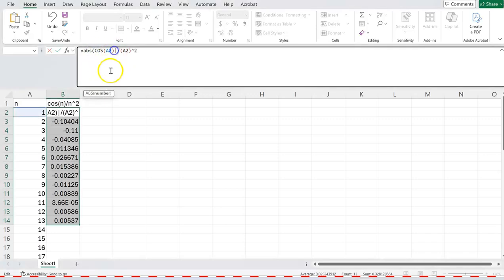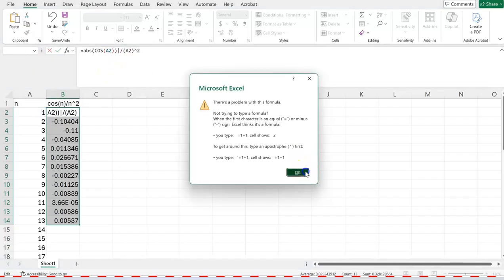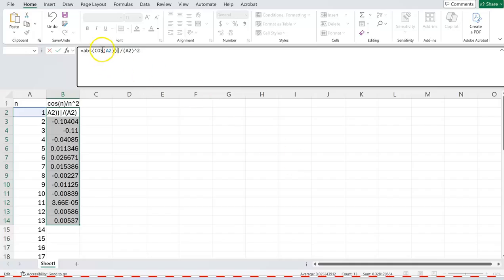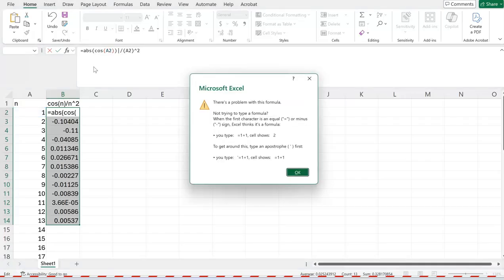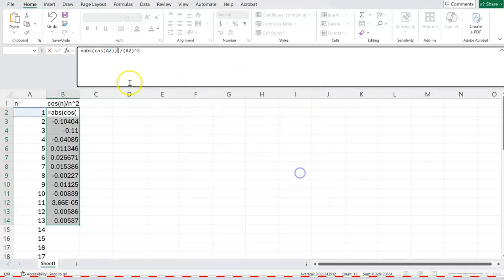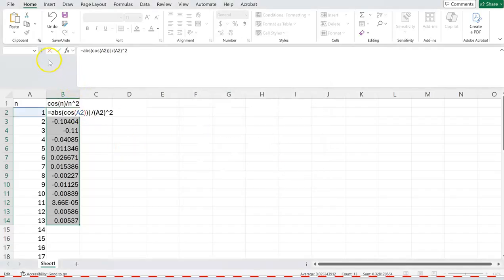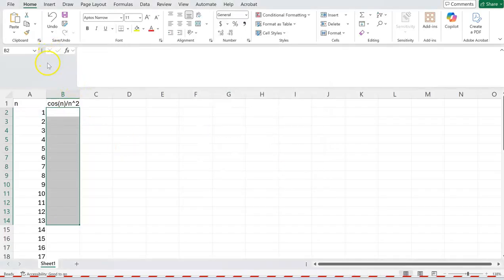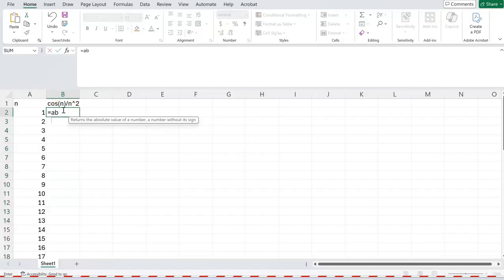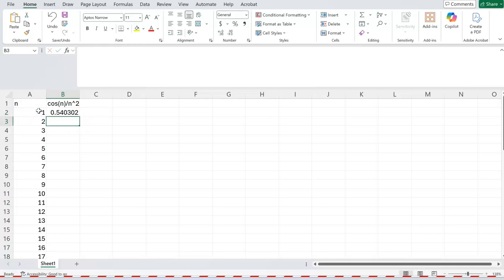So absolute value of the cosine of n divided by n squared. Equals absolute value of cosine of 1 divided by n squared.